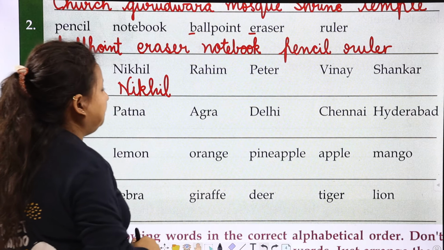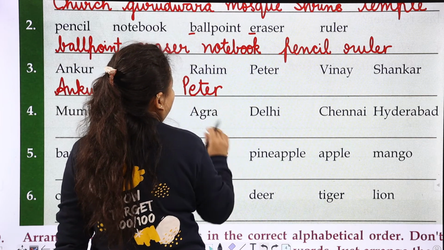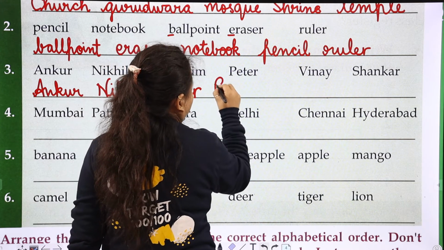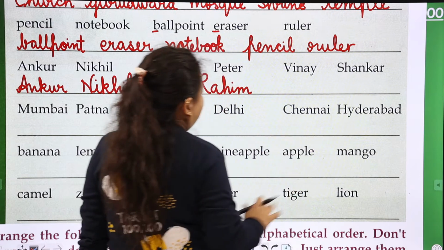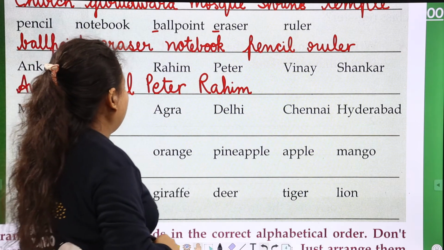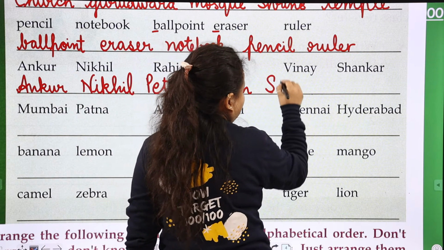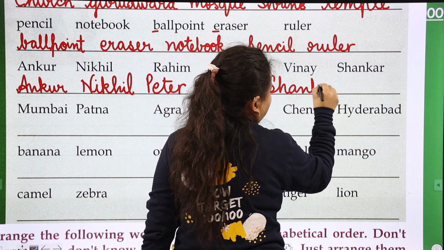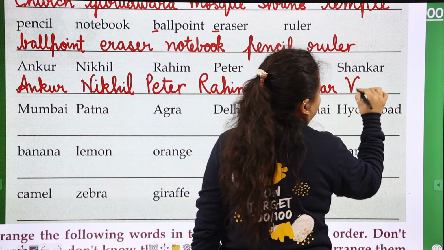O, P, it means Peter. Q, R, it means Rahim. R, S, it means Shankar. T, U, V, Vinay.